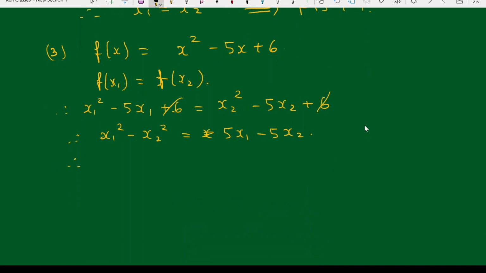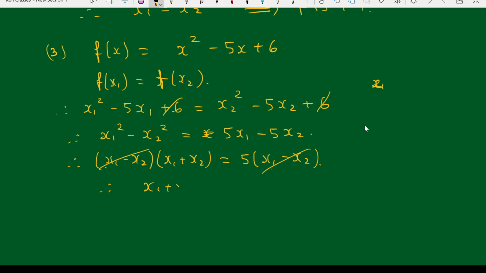So therefore x1 minus x2 into x1 plus x2 is 5 into x1 minus x2. And so this will cancel, because we are obviously saying x1 is not equal to x2 is our hope.